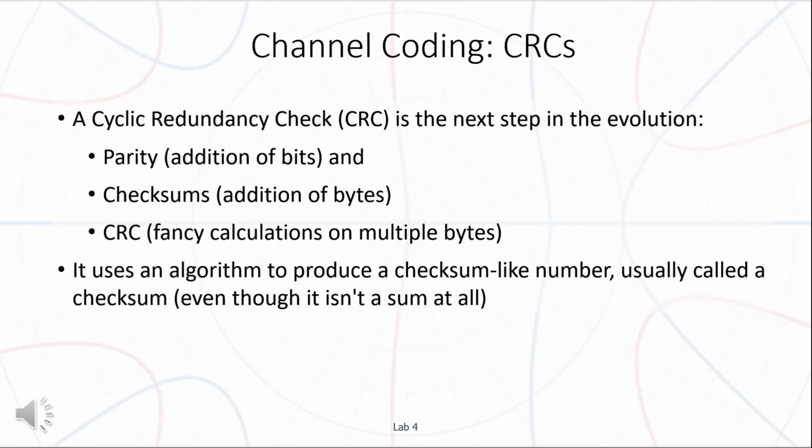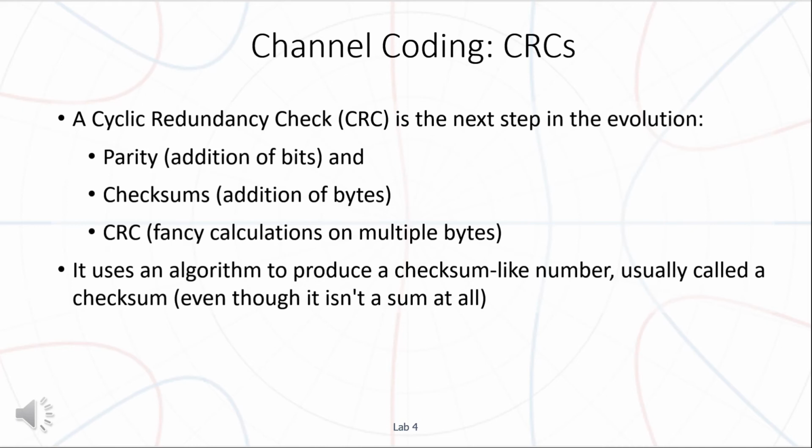The CRC, or cyclic redundancy check, is the next step in our evolution of channel coding algorithms, where we started with parity, the addition of bits, in order to add redundancy to be able to check for errors. Next came checksums, where we added redundant bytes to check for errors.